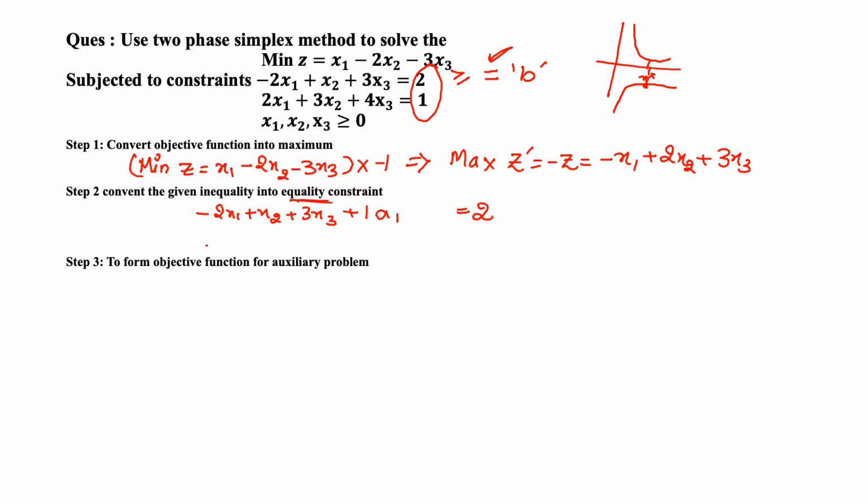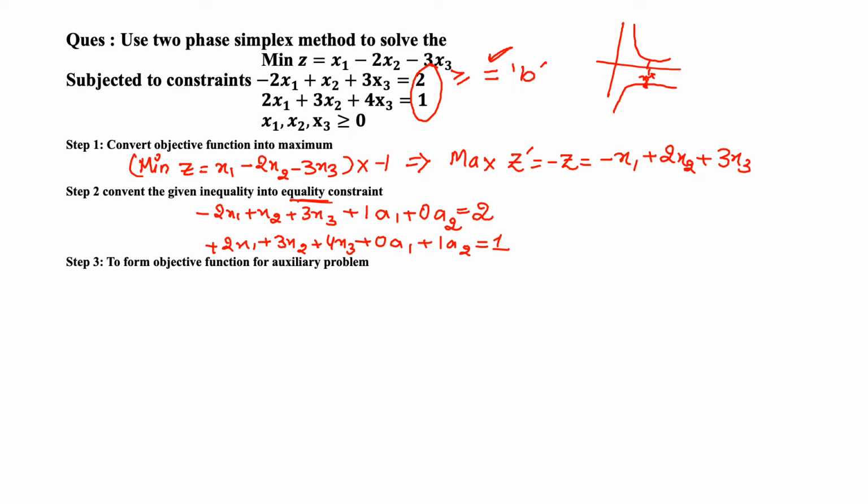Similarly, I will have 2x1 plus 3x2 plus 4x3, with 0 with a1 and 1 with a2, which will give me equals to 1. Here my second artificial variable's coefficient is 0. That's how I converted inequalities into equality constraints. Here it is already in equality form, but we are adding artificial variables to use the two-phase simplex method.